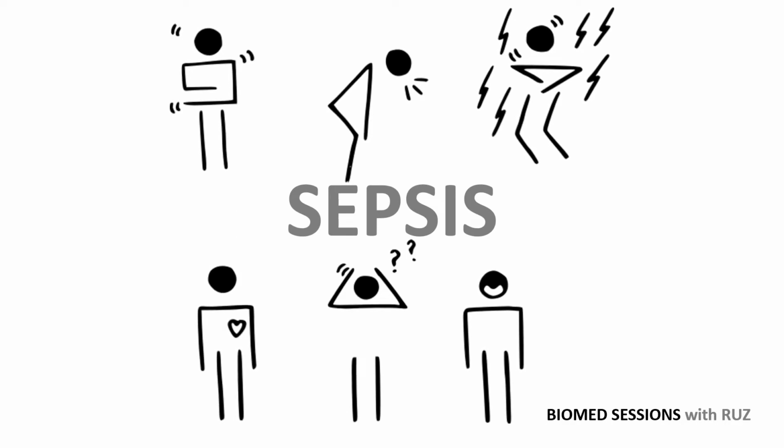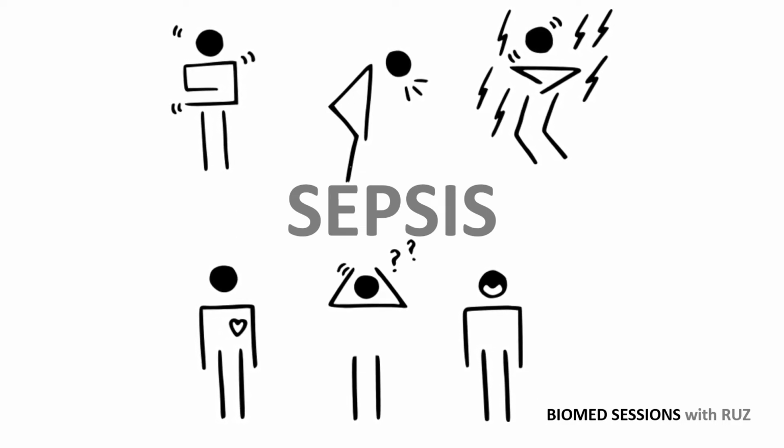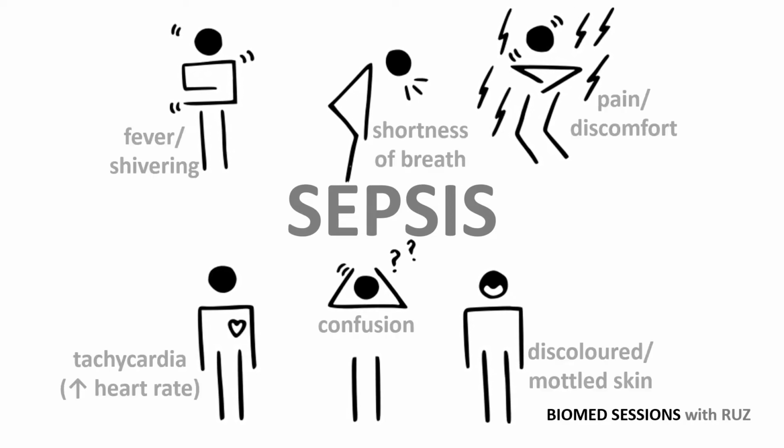Another major complication is sepsis, which is a systemic and potentially life-threatening inflammatory response to infection, which may cause multiple organ dysfunction, with many associated symptoms and signs. This requires immediate intervention. It is important to stress that severe disease only occurs in a minority of COVID-19 cases.